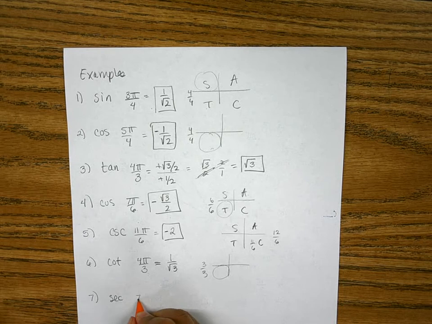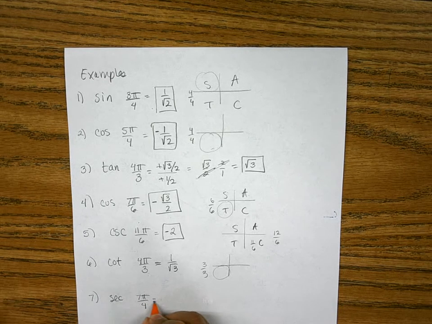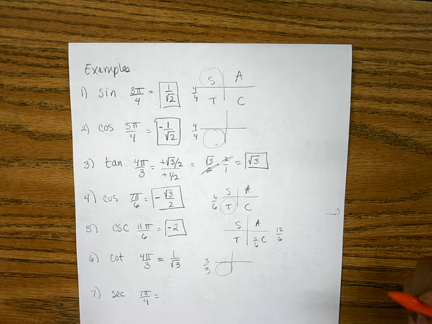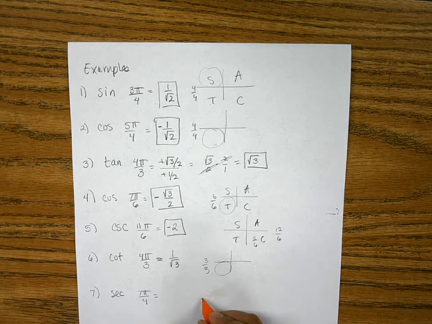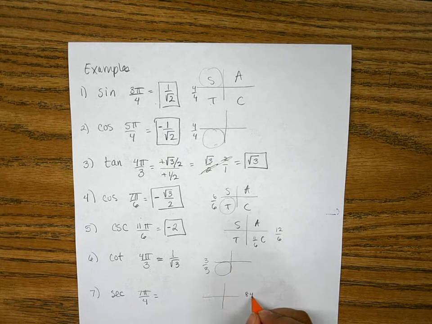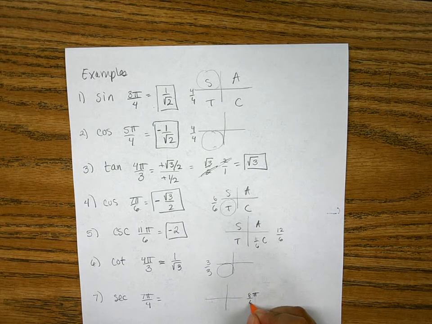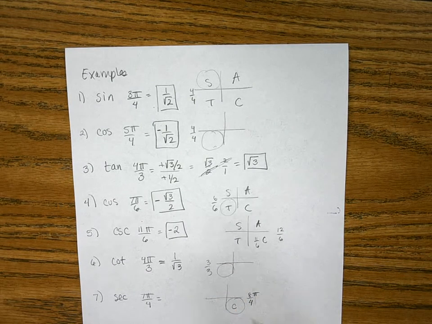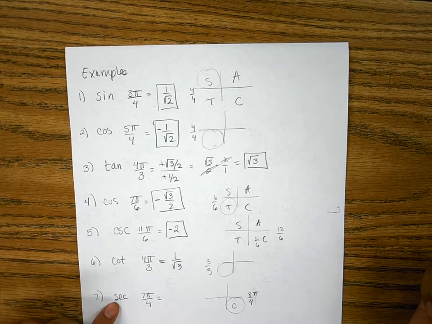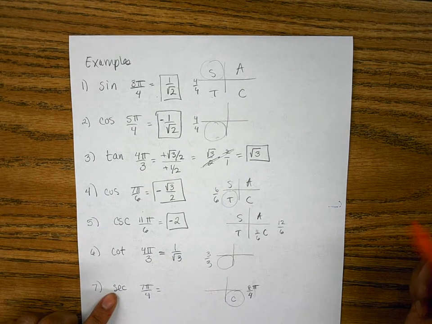Number 7, secant of 7 pi over 4. I like denominators of 4 because they're easier. 8 over 4. 8 pi over 4 is 2 pi. 7 pi over 4 is here. The only thing positive here is cosine.